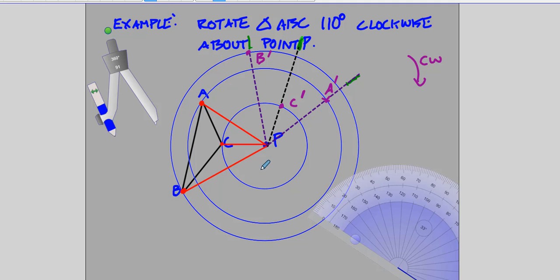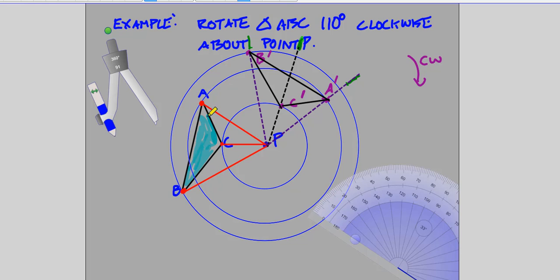So now we will connect those points up with line segments to form our new triangle. So we have this, this, and this. Our original triangle is your pre-image.